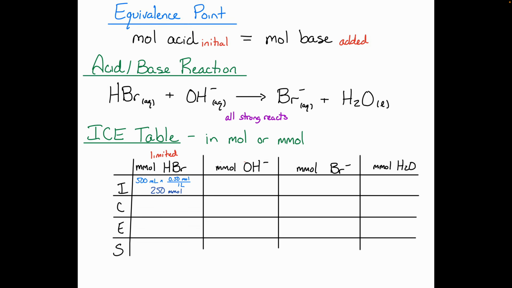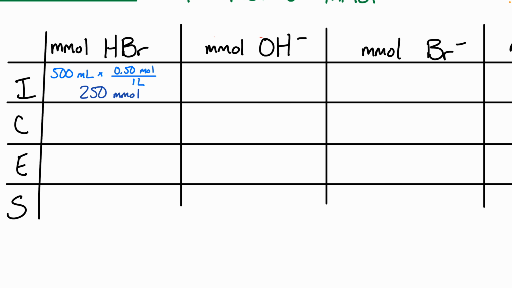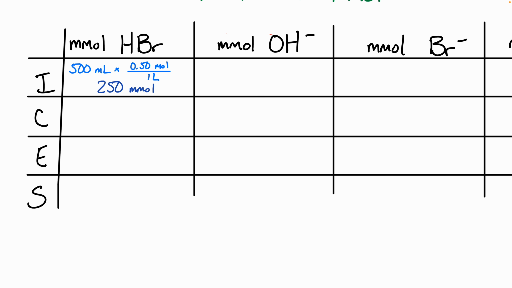Starting out with this same solution we've done throughout our problems today, we've already established that we initially have 250 millimoles of HBr in that flask, our analyte. So if I'm at the equivalence point, how many millimoles of hydroxide do I have in that flask as well? These have to be equal to one another at the equivalence point. So this is also 250 millimoles.